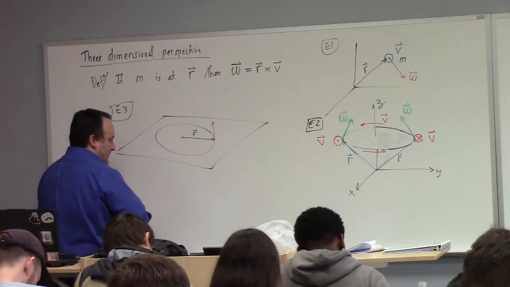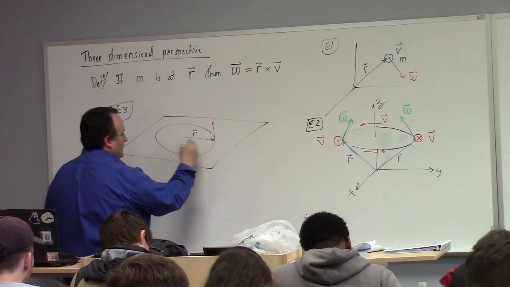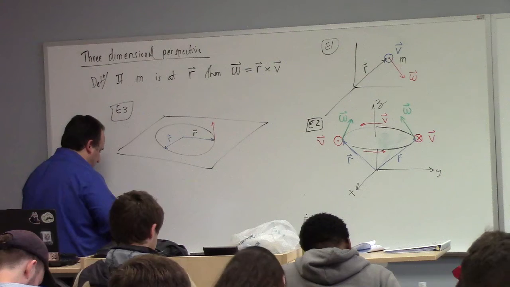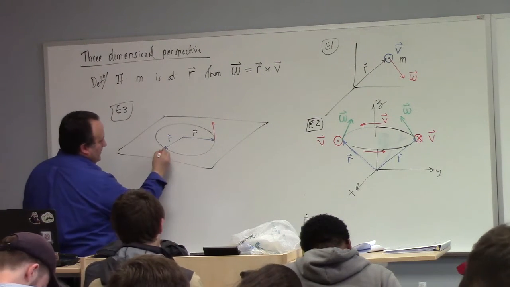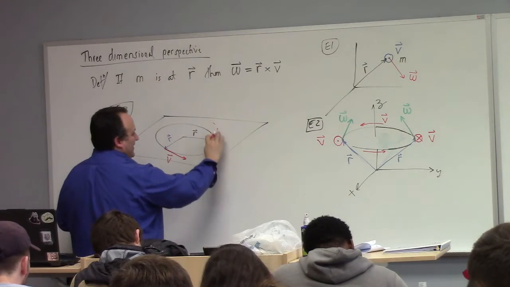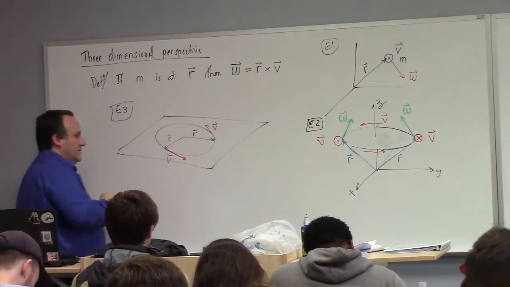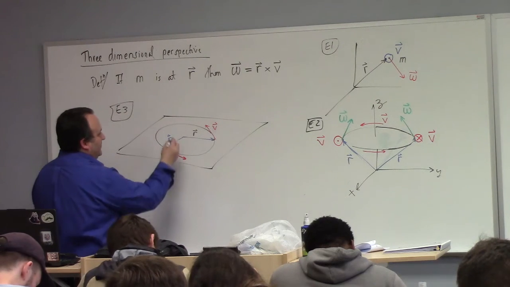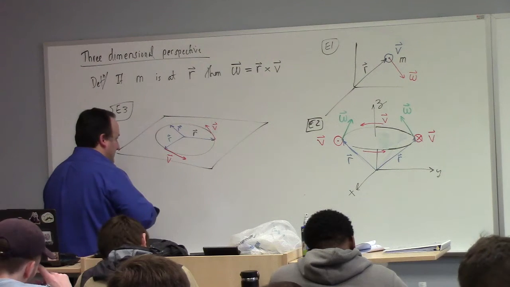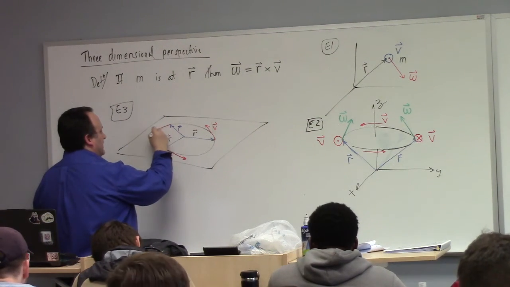I guess I was using blue for the r vector, my bad. You've got one over here, and the velocity vector, I'll put one over here. Let's get nuts. The velocity vector would be like this over here.